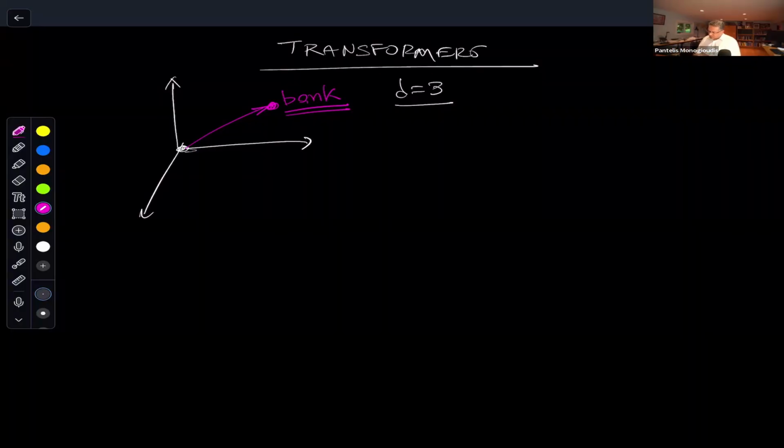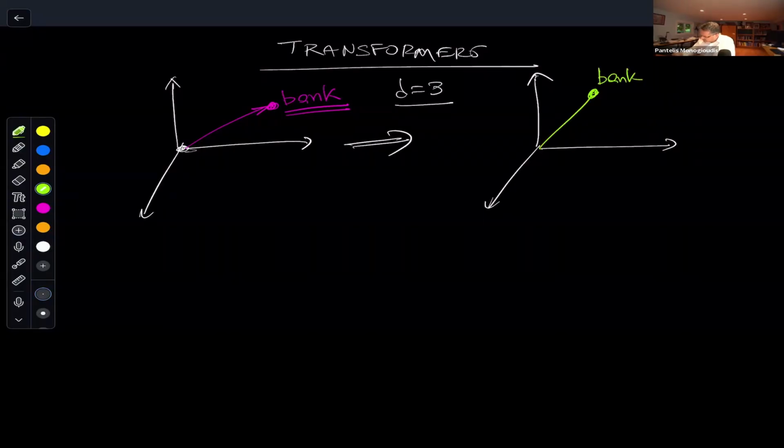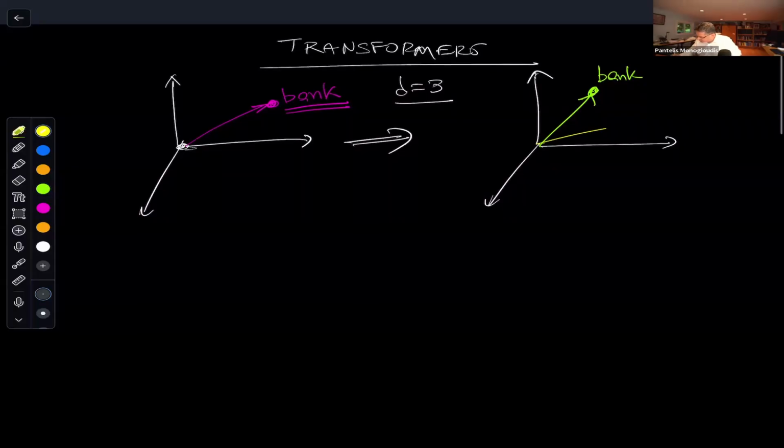And what we will migrate towards, again in this simple 3-dimensional space, is a situation where the word bank, if it refers to the river bank, is going to be in this point in space. And if it refers, let's say, to the financial institution, it will be in a different point in space.